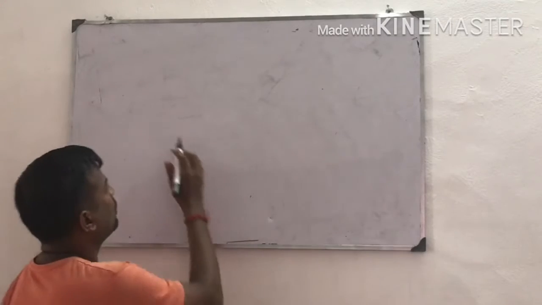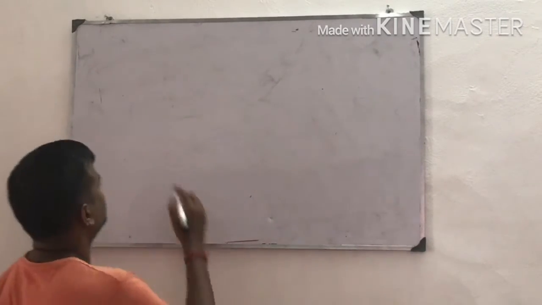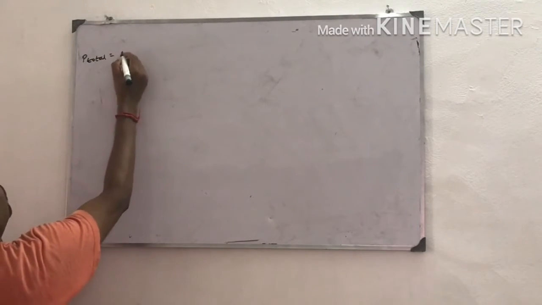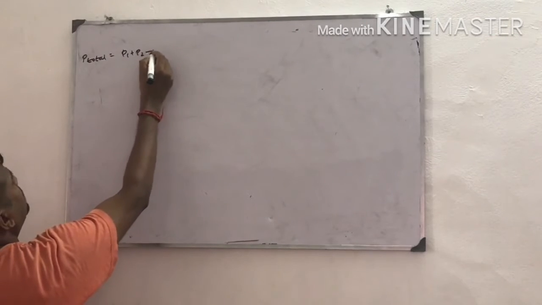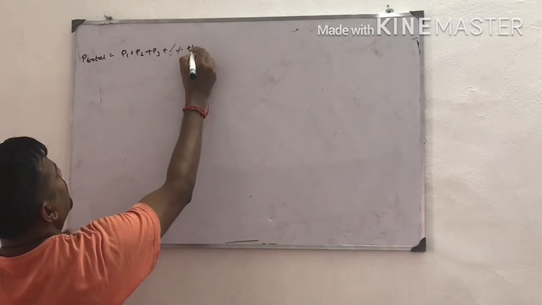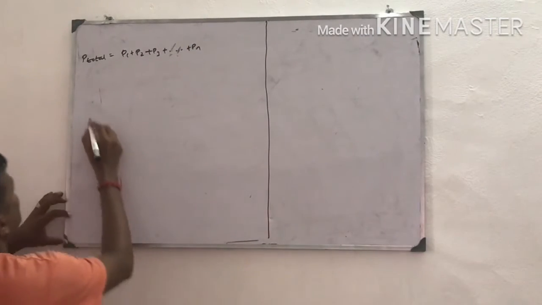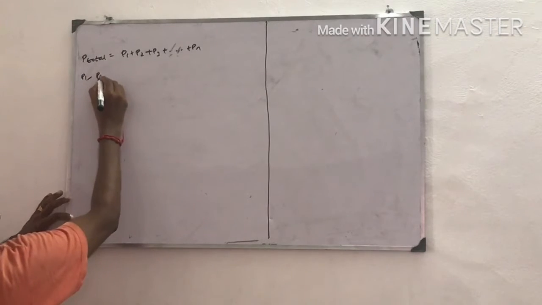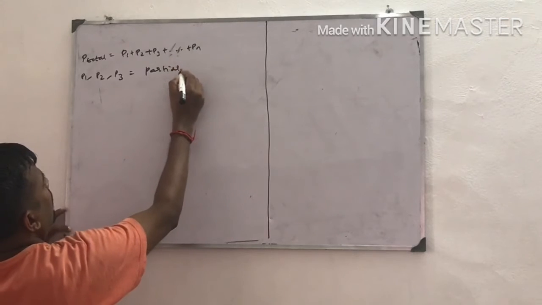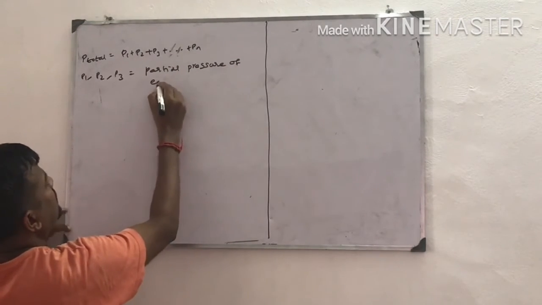Now I am going to derive Dalton's law of partial pressure. Here P total is equal to P1 plus P2 plus P3 plus up to Pn, where P1, P2, P3 are the partial pressures of each gas.